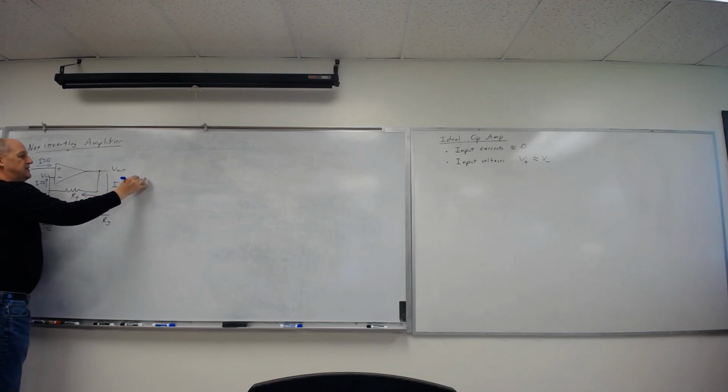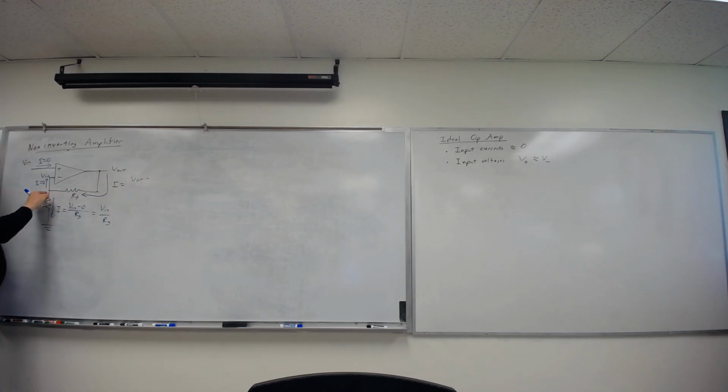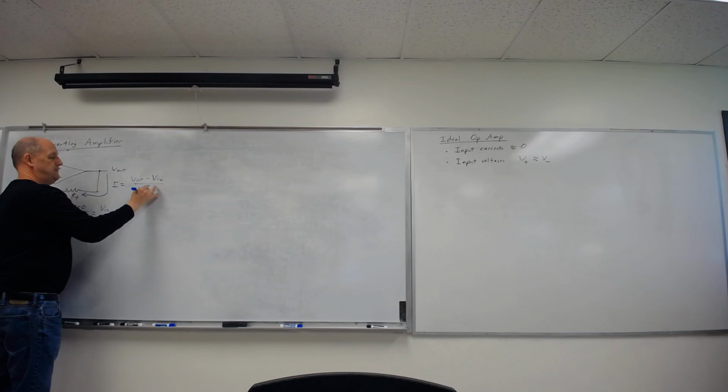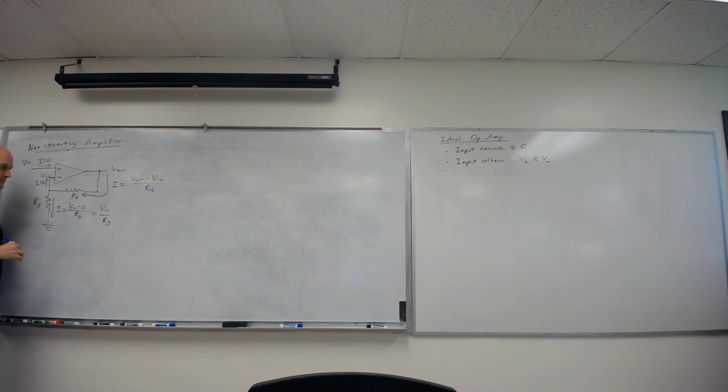That will be V out, not minus 0, because over here is a voltage that's not 0, it's the input voltage. So it's actually V out minus Vn over the feedback resistor. Now if I look at this spot right here, this current flows in, this current flows out. There's 0 that goes up there. So these two currents have to be identical. Maybe I should have put this as G and F.